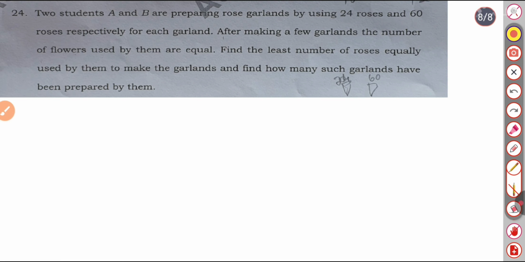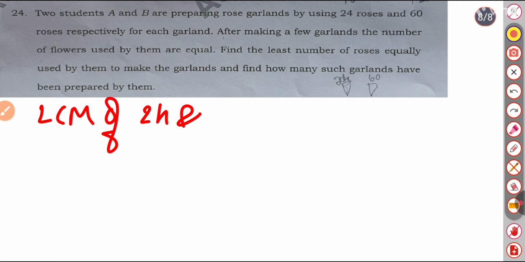For that, the least number of roses equally used by them means we are finding the LCM of 24 and 60. LCM of 24 and 60 is what?